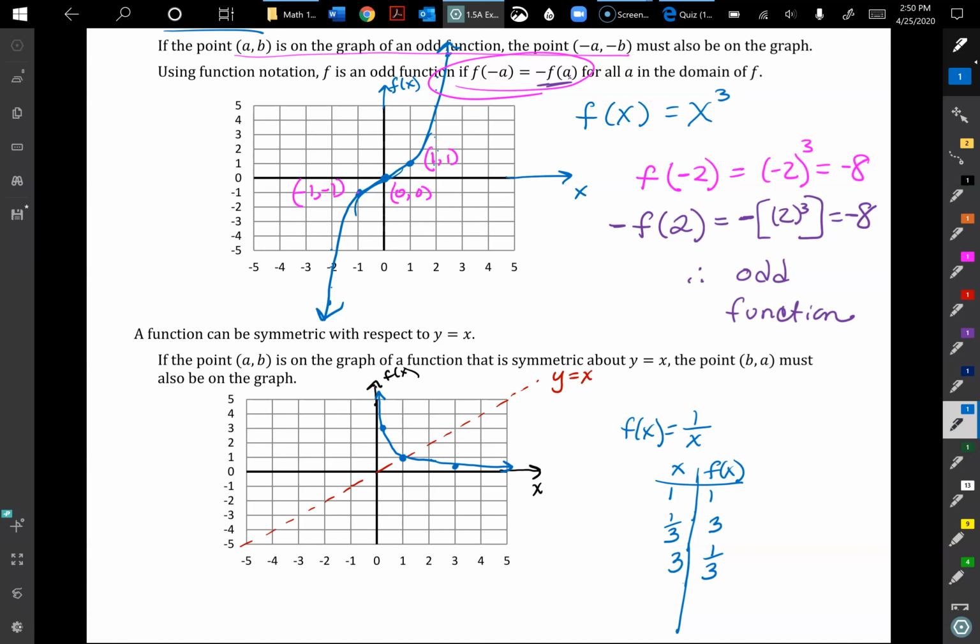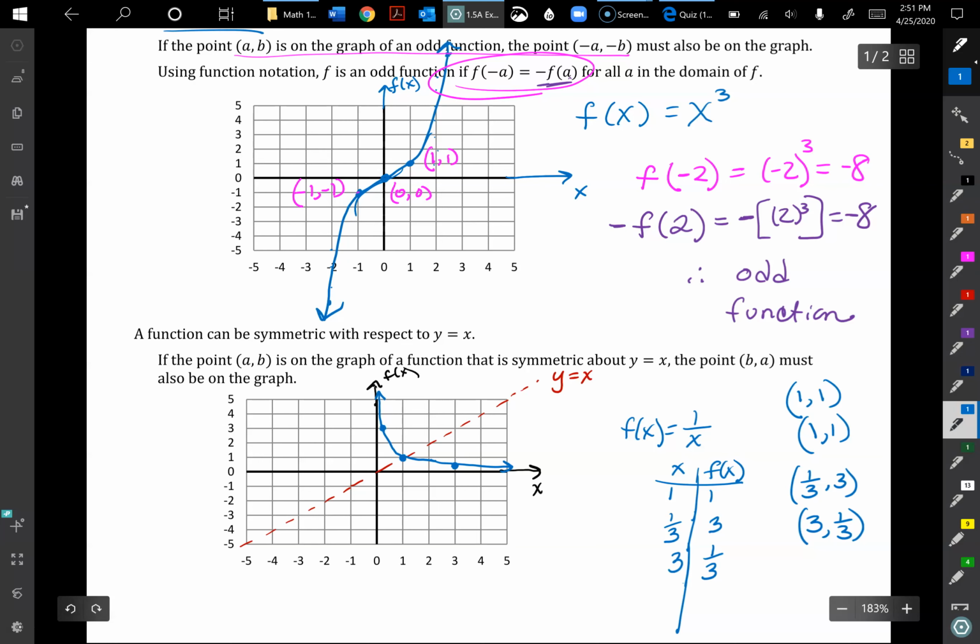So if I have 1 as my a and my b, so I have 1, 1, then switching them around to be 1, 1, I mean, that's kind of obvious. It's just the same point there. It's right on the fold line. And then if I had 1/3, 3, you notice that the switch of that, 3, 1/3, is also on the graph, and you can clearly see that in the table, but I also drew it here.